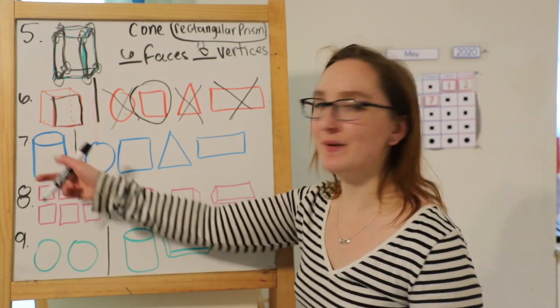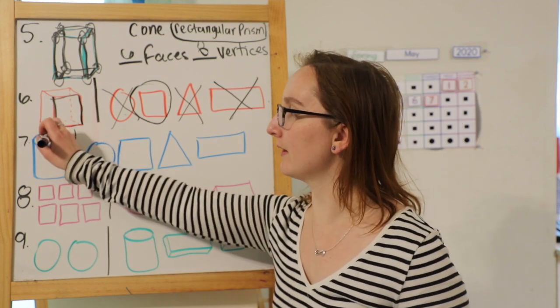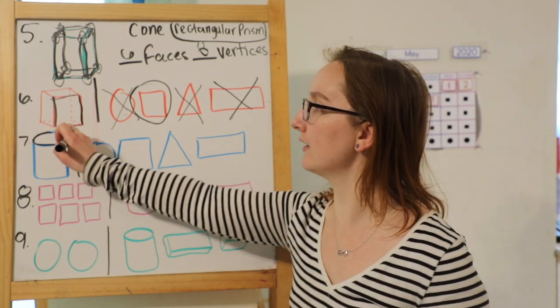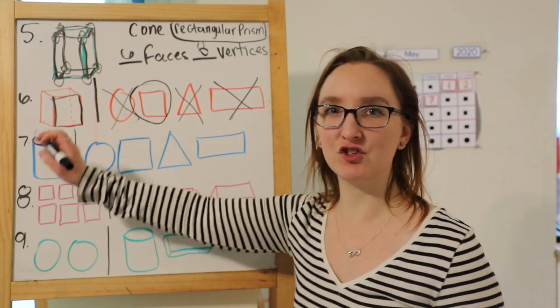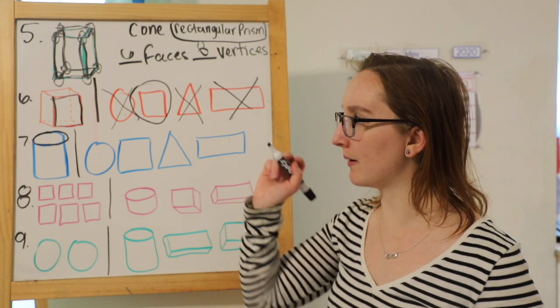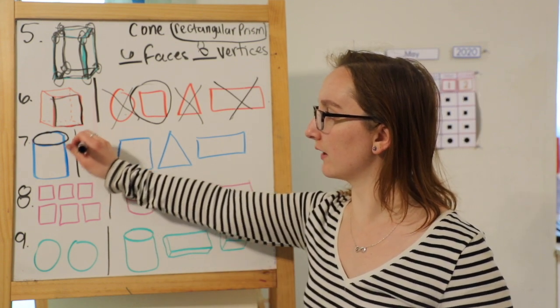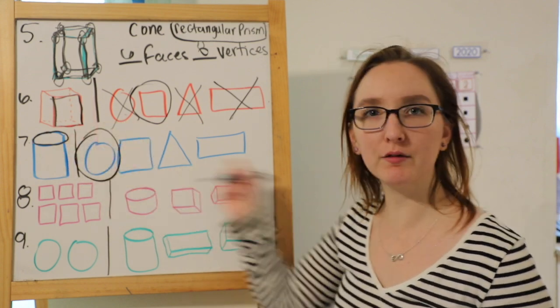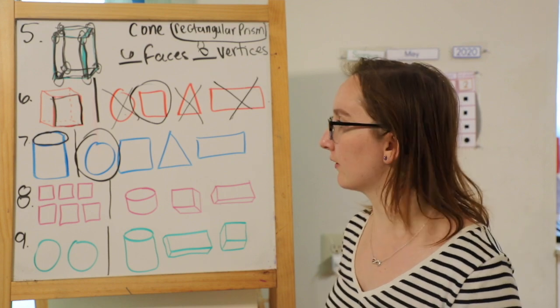For number 7, we have a shape that looks like this, and my face is going to be this one up top. So I'm going to go ahead and trace that, and that didn't seem to have any straight sides, so it was curved the whole time that I traced it, which is very similar to my circle right here. So I'm going to go ahead and circle that one, but still go through and make sure nothing else looks like it might be the right answer.